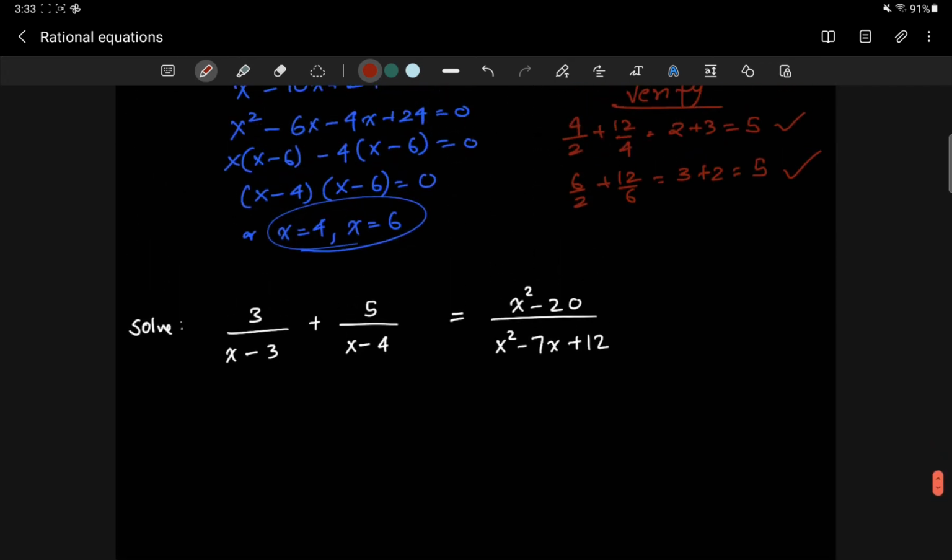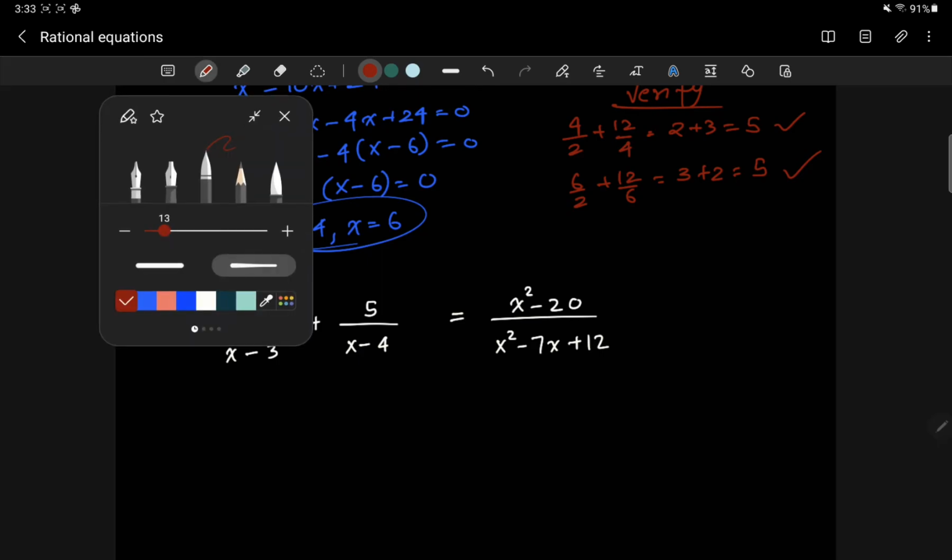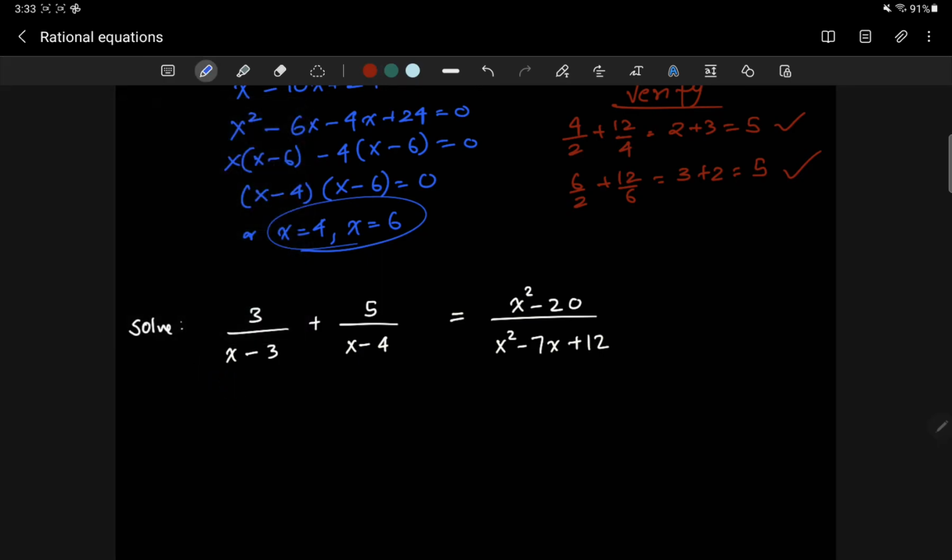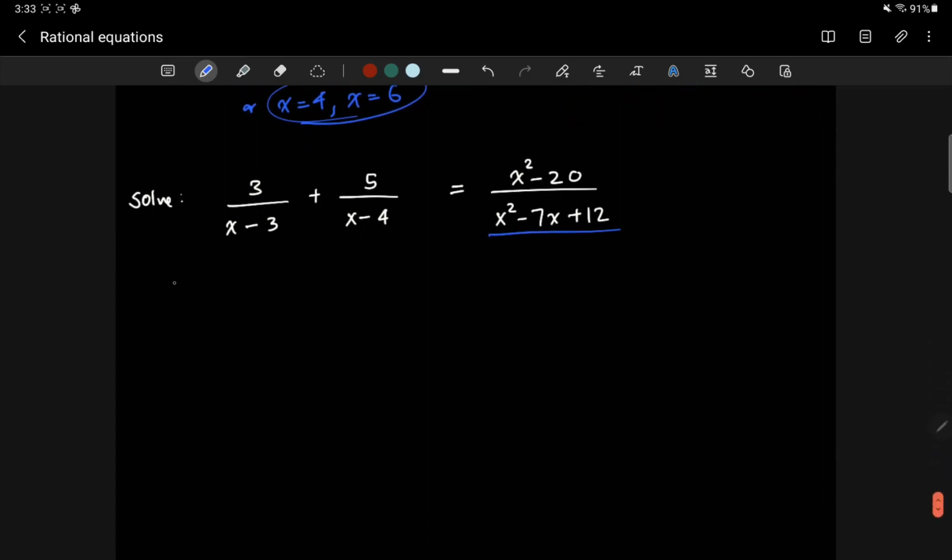A last example here, which is a slight bit more complicated. Now in this case, just to make sure that things might be simpler than they actually seem, I'm going to factor this denominator.